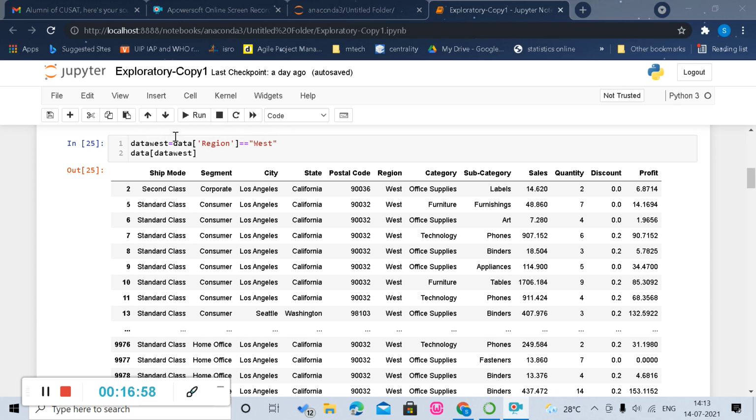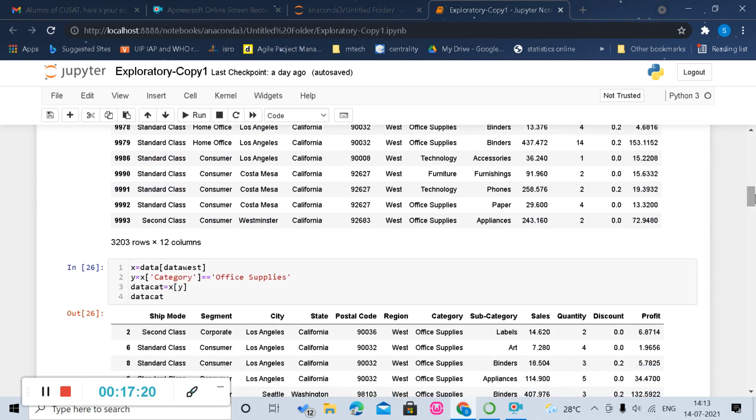So I'm filtering the regions which are west from the entire data set. Now I have displayed all the data having region as west. You can see the region values are west throughout. So this is the first filtering that I've done.